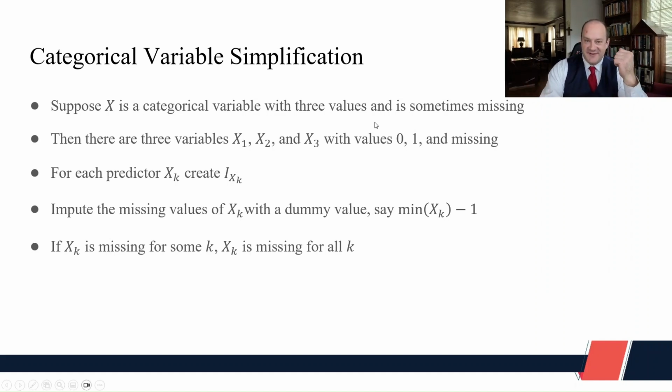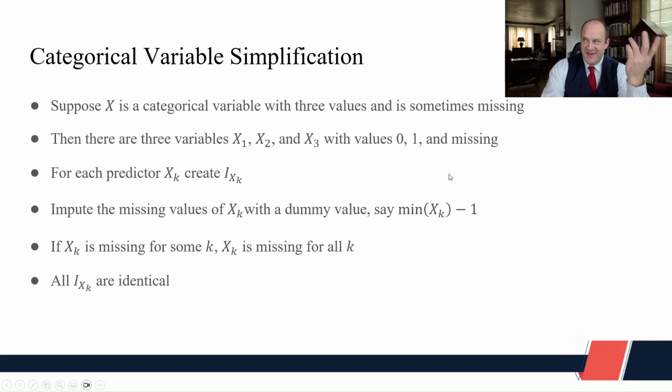So that wouldn't make any sense. Because x1, x2, and x3 all relate back to a single variable, all of them are missing when the original variable is missing, and none of them are missing when the original variable is populated. And so that's an important observation.